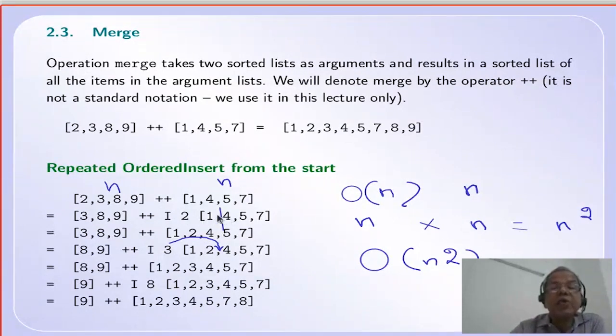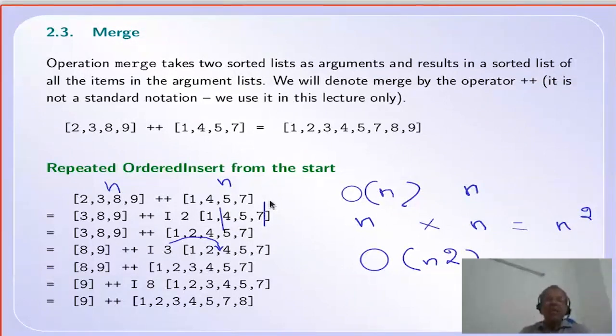You can continue scanning this list from wherever you stopped. Can 3 be inserted here? Yes. Then can 8 be inserted here? No. Then you continue, 4, 5, 7. Oh, we come here. Can 8 be inserted here? Yes. Then can 9 be inserted here? Yes, 9 can be inserted here.